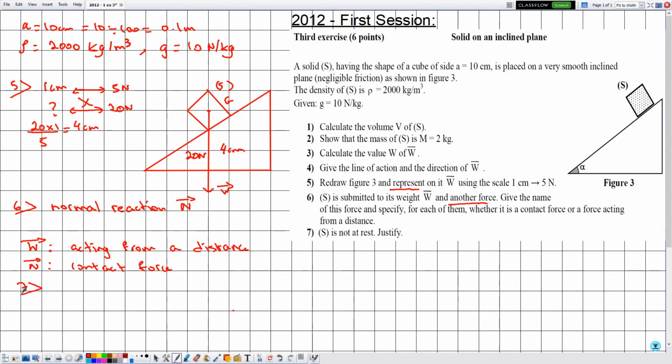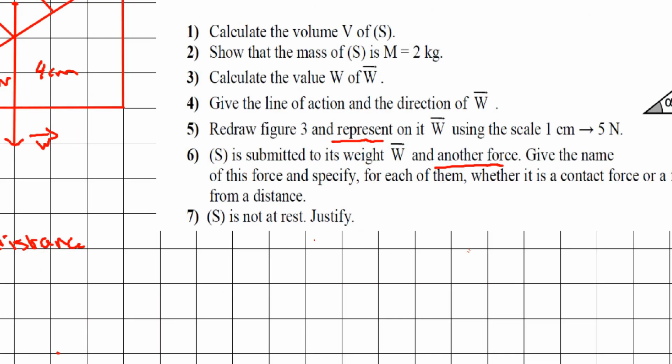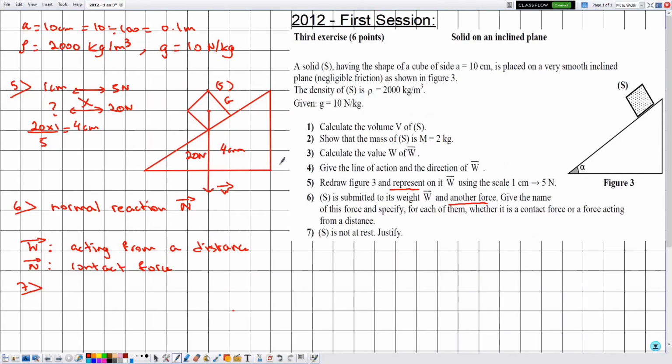Now in number 7, they are telling me that S is not at rest, justify. And here by S is not at rest, it means not at equilibrium. Then in order to justify that S is not at equilibrium, let's represent the other force, which is given by the contact force N, on the given diagram.